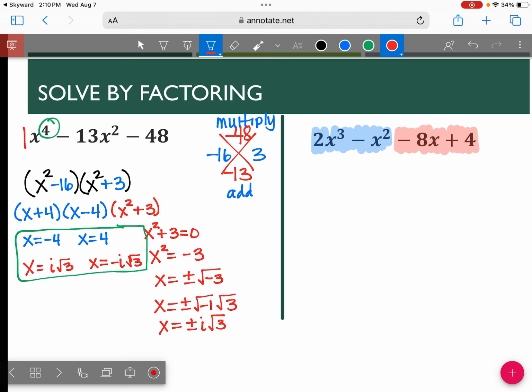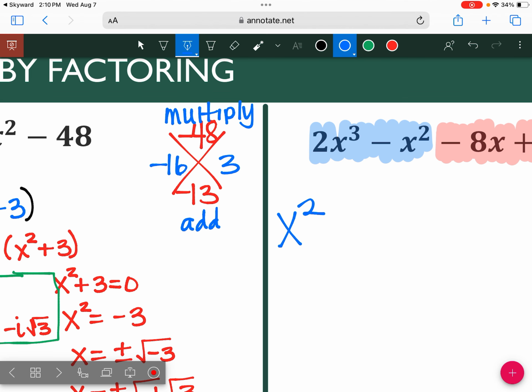What's the GCF of the blue group? X squared. Yep. So we're going to take out the x squared. Whenever you take out a GCF, that is division. So we're really dividing both of these terms. And when I do that, what do I have left? 2x minus 1.